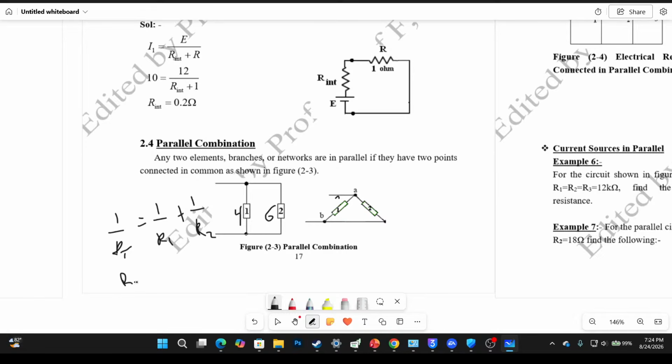So you have RT to be equal to 4 times 6 all over 4 plus 6, which gives us 24 over 10, which is equal to 2.4 ohms.